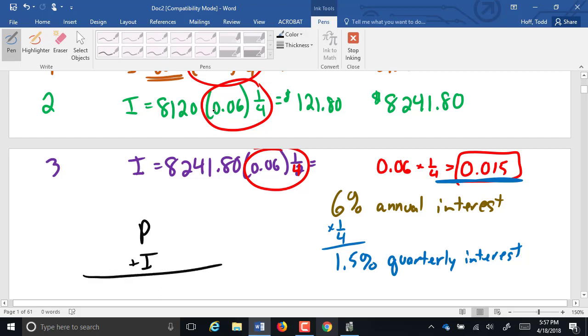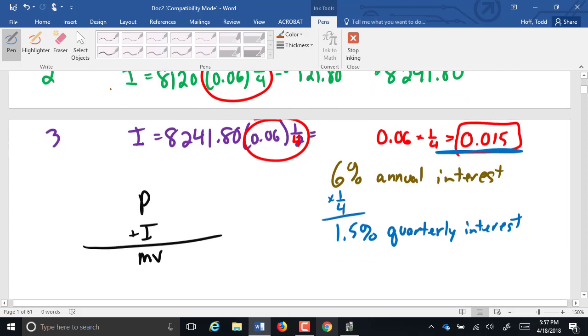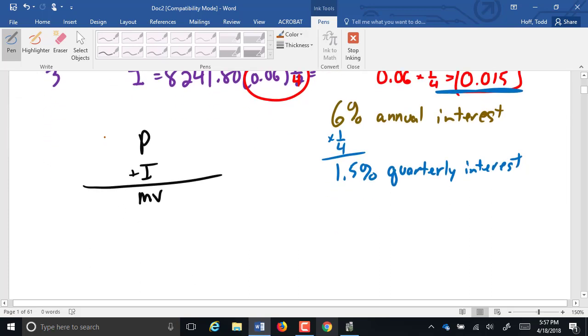Now each period here, we took the principal plus interest to get the maturity value, kind of like when we were doing our markups or our percent increases from before. The principal is 100%. What we added each quarter is 1.5%. So the value at the end of the quarter is 100 plus 1.5, or 101.5%.